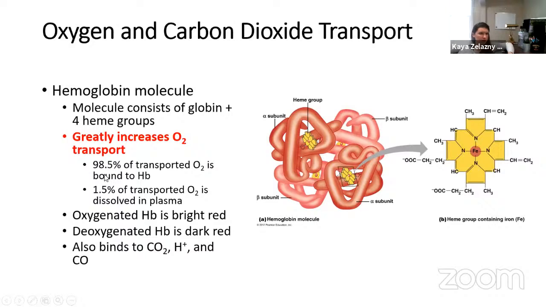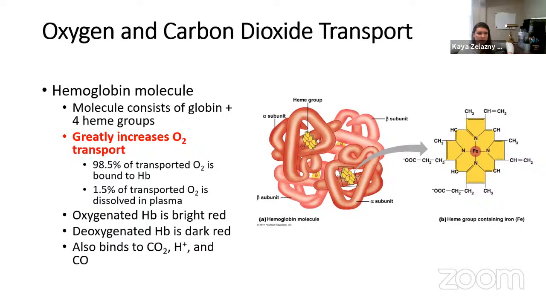Almost all of it, 98.5% of the oxygen circulating around your body is transported bound to hemoglobin, right? And when we get to the respiratory system, we're going to talk a lot about breathing and how those oxygen molecules bind in, when they bind in, when they have affinity for the hemoglobin and when they don't. But for now, we just want to understand that that is the role of hemoglobin, and they're in our erythrocytes.